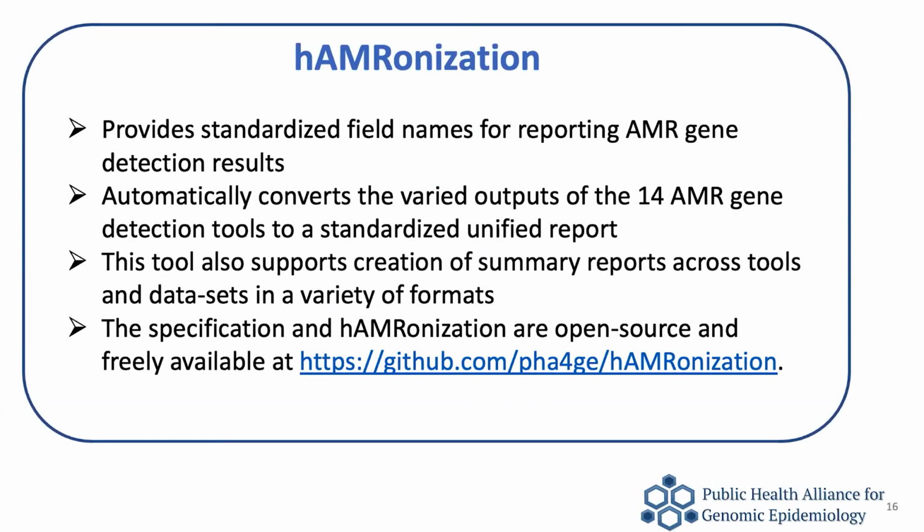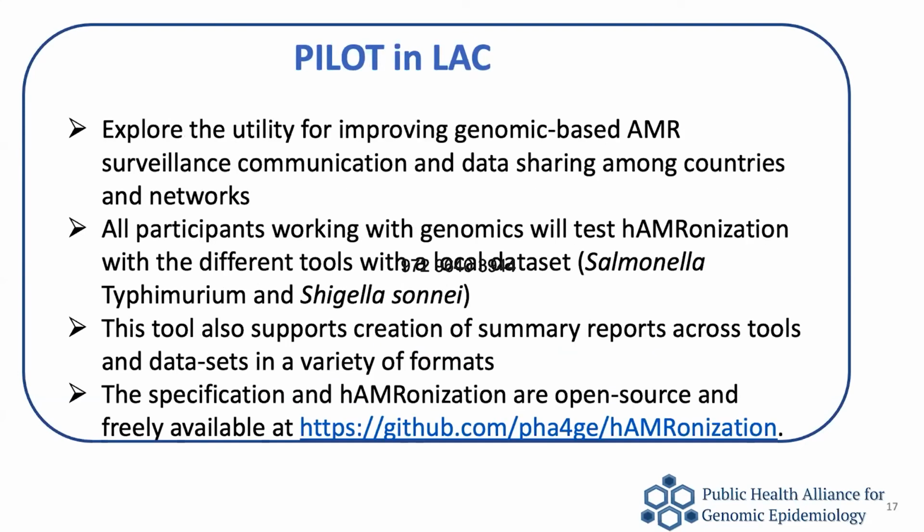And the most important thing, especially for low and middle income countries, which is most of the Latin American and Caribbean region, is that this specification and hAMRonization is open source and freely available. This is the GitHub to take a look at hAMRonization.